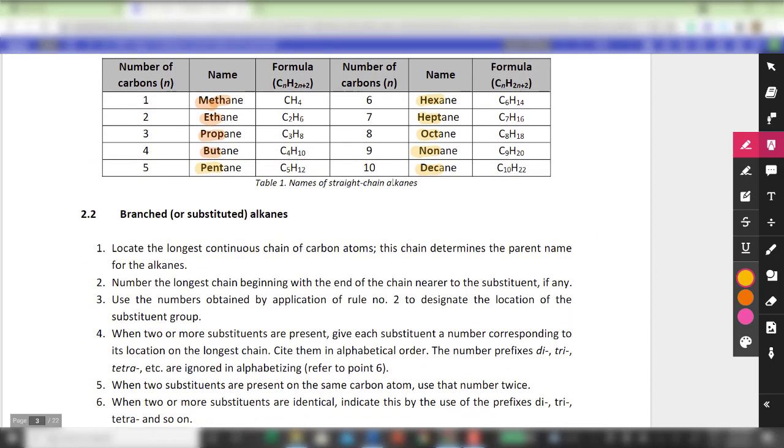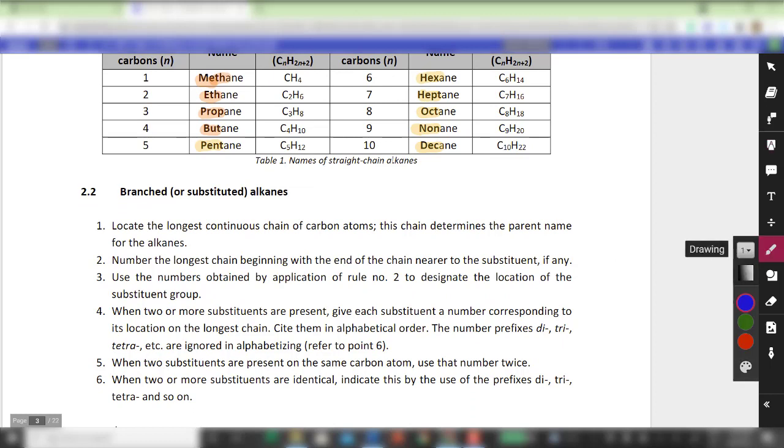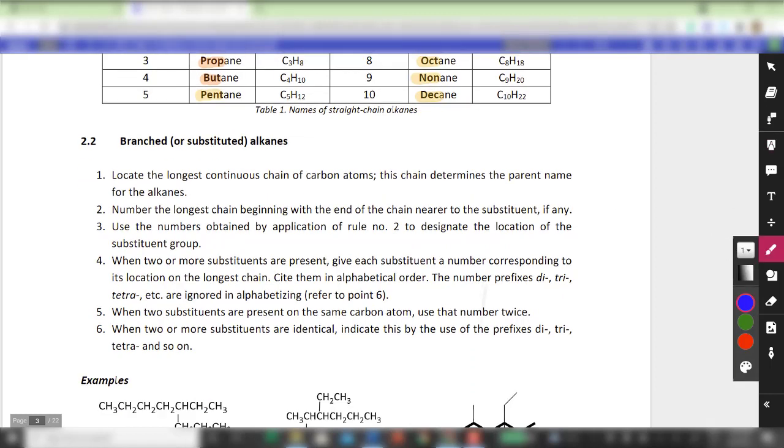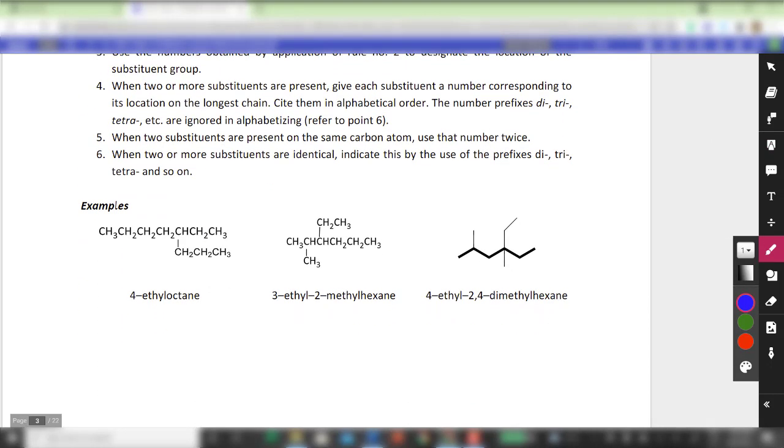Then if they are branched, normally I won't go into details, but let's say we have an example here. We look for the longest chain, and then we number from the end that gives the smallest number at the branch portion. In this case, we can't go from left to right, because the longest chain is actually like this.